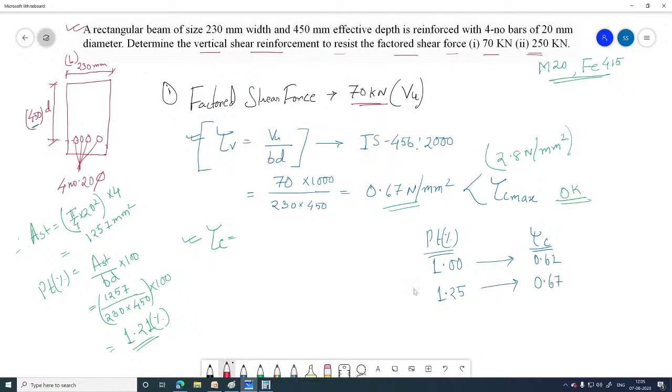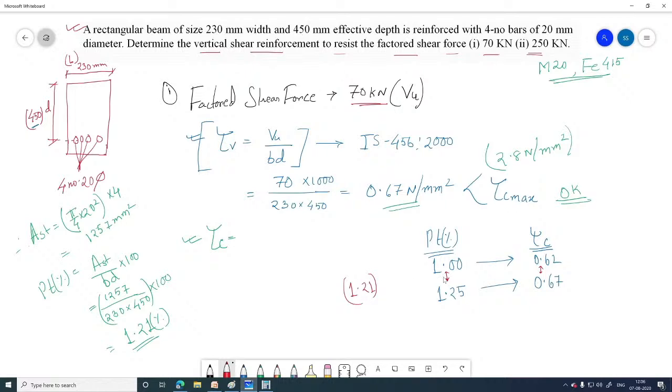Now we need to determine the value for 1.21. So we can make the interpolation over here and determine the value. How? Look, what is the gap between these two values and what is the gap between these two values? We can use the unitary method and just put the value of 1.21.